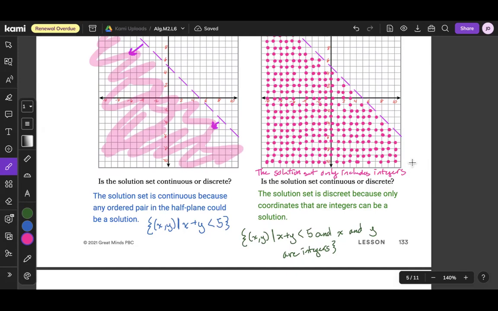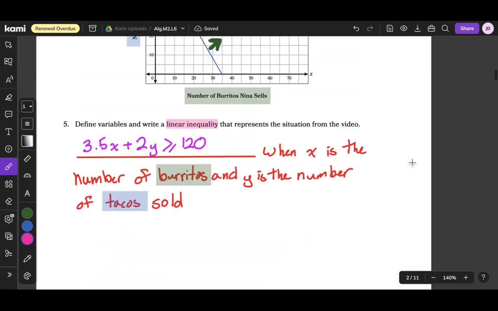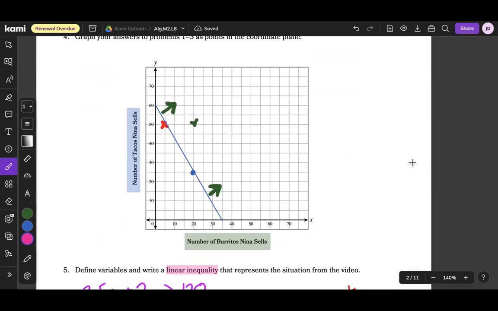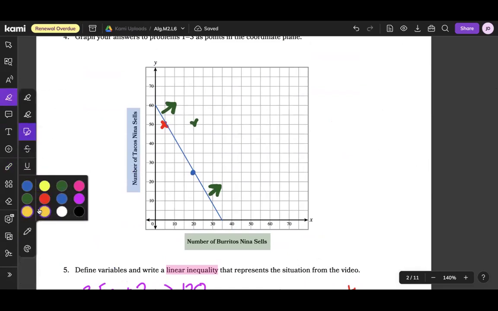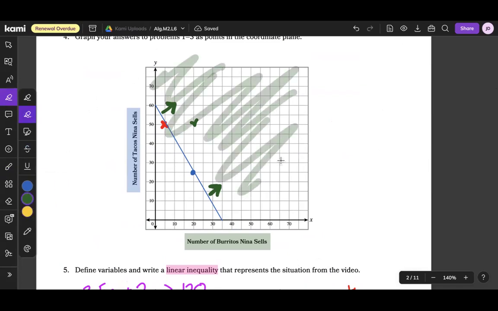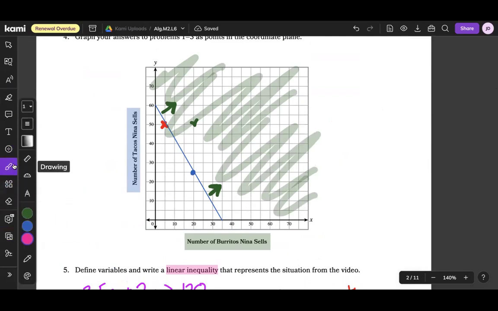Or any other qualifications. If we're talking about the tacos and burritos from the top of this, our solution set, here, I'll shade this in. But we'd say the solution set only includes integers.